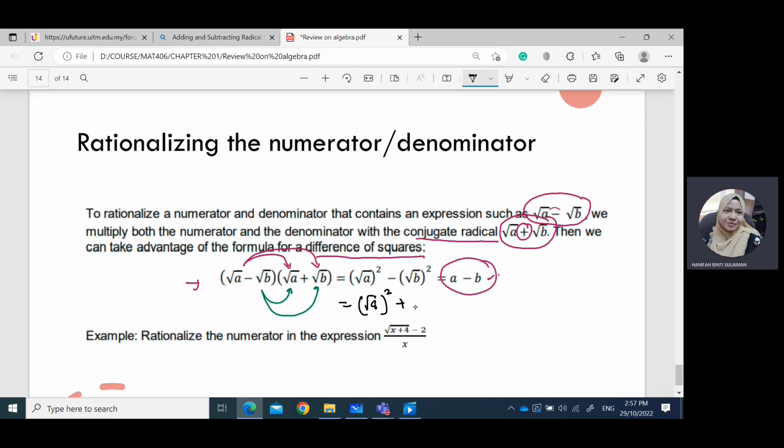So here we have plus square root of a times square root of b. And the next term, negative square root of b multiplied with square root of a. So here we have a negative square root of b times square root of a. Next, negative square root of b multiplied with the positive square root of b. Then we have negative square root of b to the power of 2.